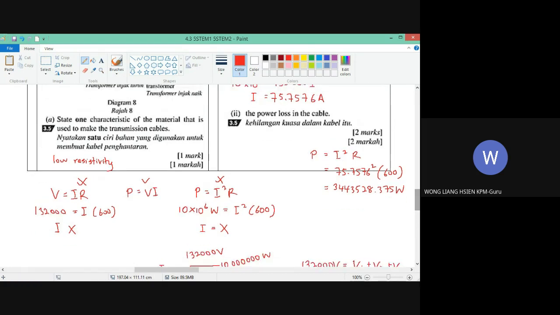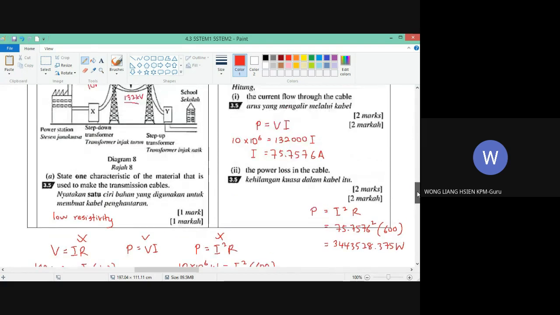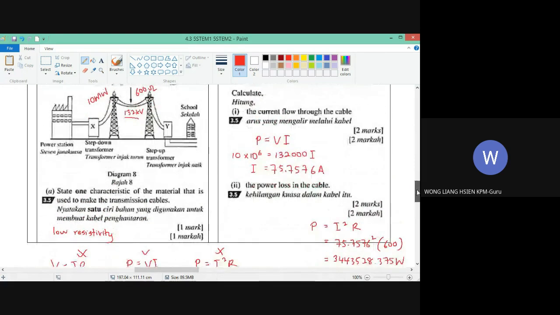All right. So you see 3.4 million. 3.4 million watt out of 10 megawatt. That means the 10 megawatt come out got 3.4 megawatt lost as heat. So the rest is around 6.6 megawatt the school get.